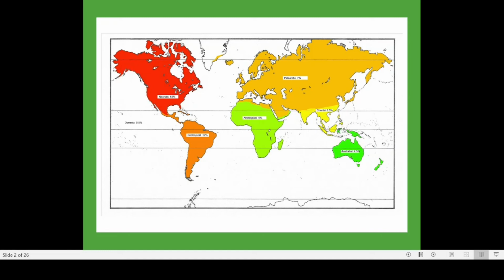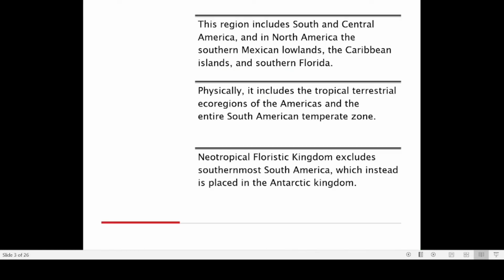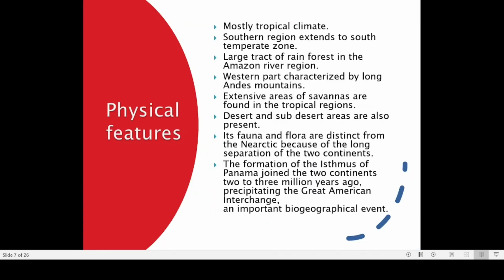From there, it also moved into the European region through the Bering Strait, and it reached the entire Asia as well as the European region. Like that, several animals had their origin in either North America or South America, and they had a migration from north to south or south to north. That event was known by the name Great American Interchange, and that was an important event in the geographical history of the world.